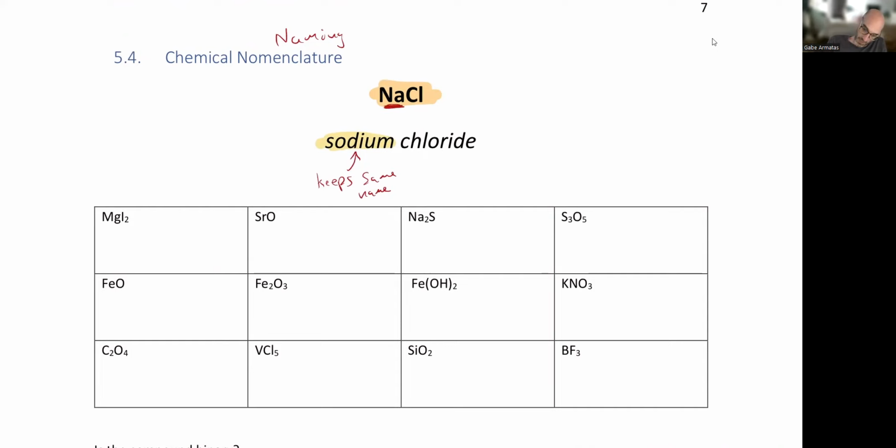The second one, on the other hand, you're going to take the root of it, and you're just going to add an IDE ending. So chlorine becomes chloride.